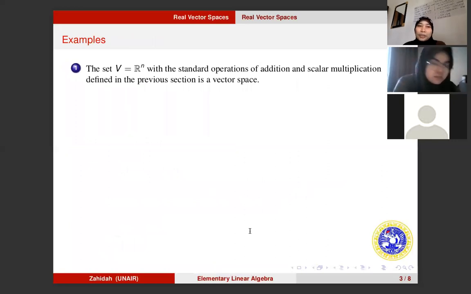Okay, the first example, we have set V is n-space. We already talked about it, with the standard operations of addition and scalar multiplication in Rn. Do you remember the operations?